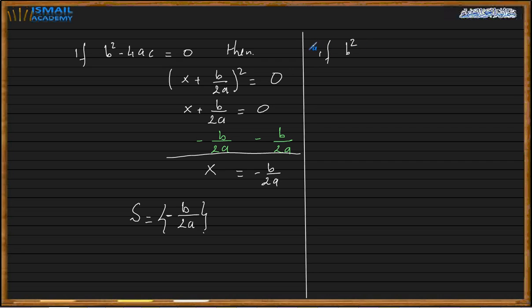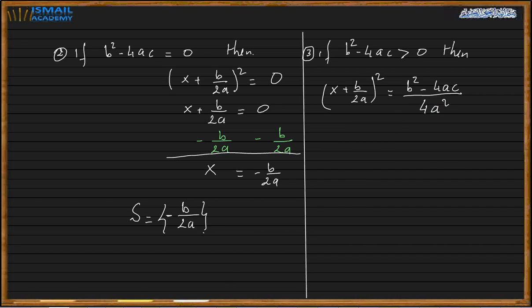And if b squared minus 4ac is greater than 0, this is the third case, then you take the square root of both sides. So you will end up having x plus b over 2a squared equal b squared minus 4ac over 4a squared.